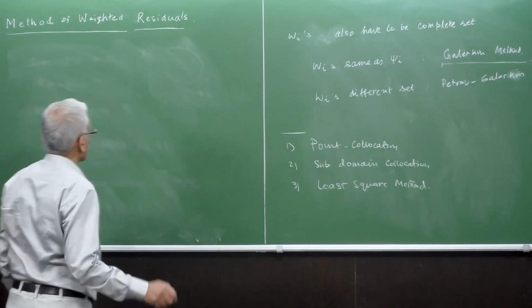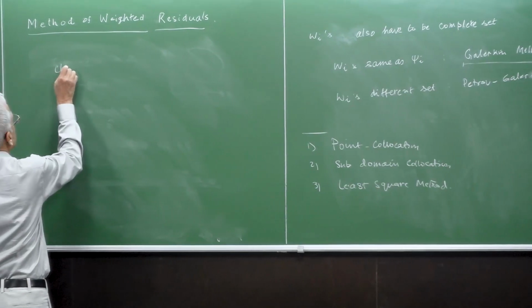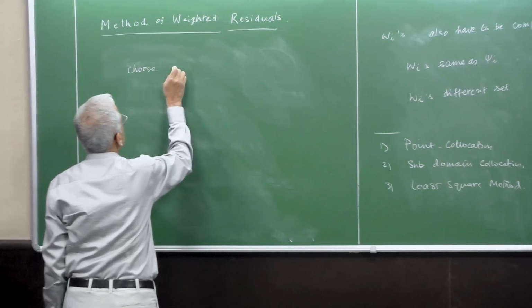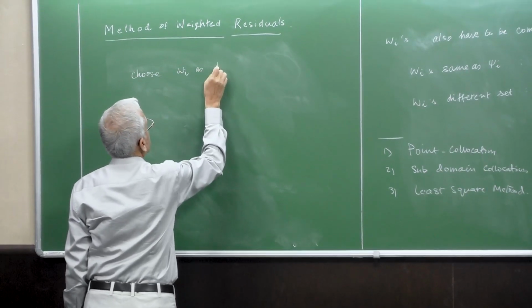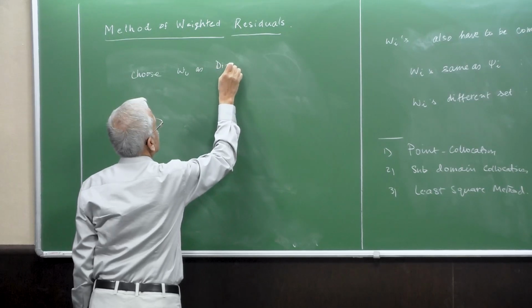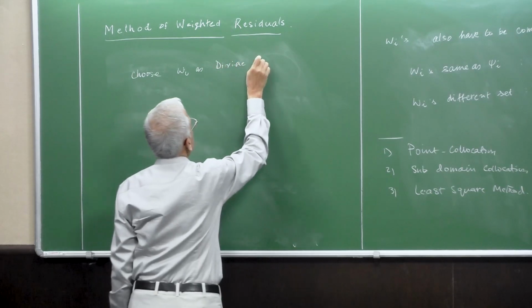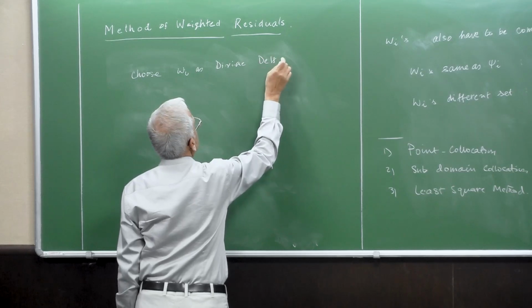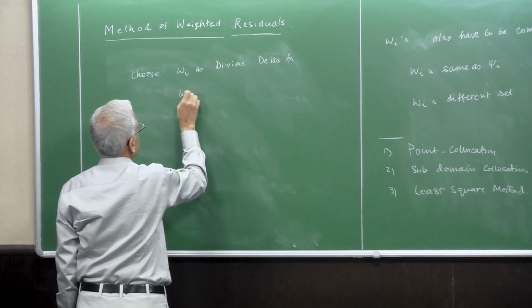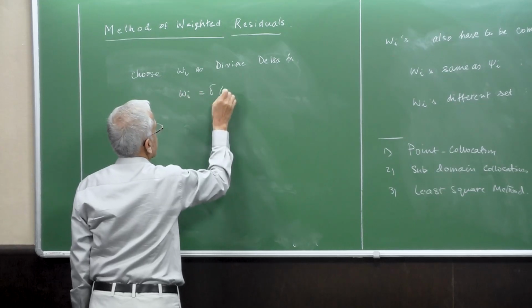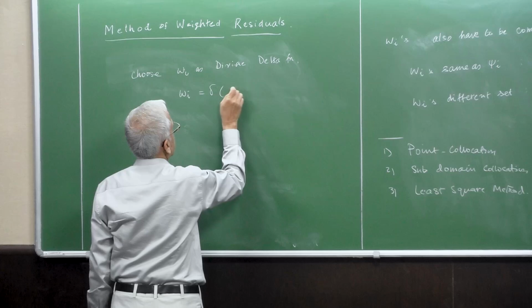So if you choose Wi as the Dirac delta function, which we call delta xi.